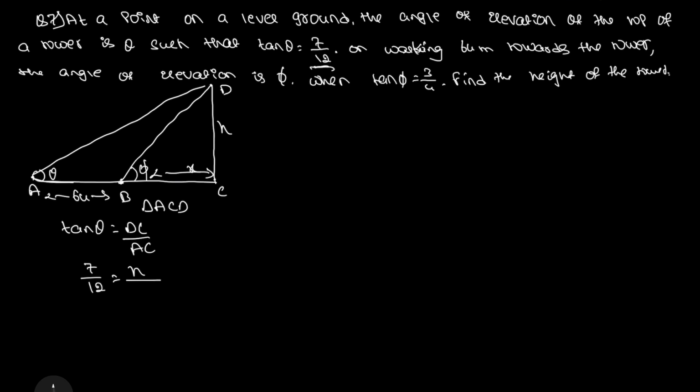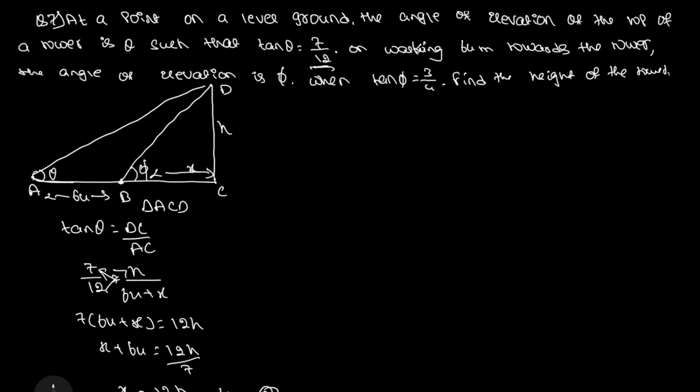It is h, and our AC will be equal to 64 plus x. Now we cross multiply this and get 7 times (64 plus x) is equal to 12 times h. So we'll get x plus 64 is equal to 12h by 7. That is, x is equal to 12h by 7 minus 64. Let this be our first equation.